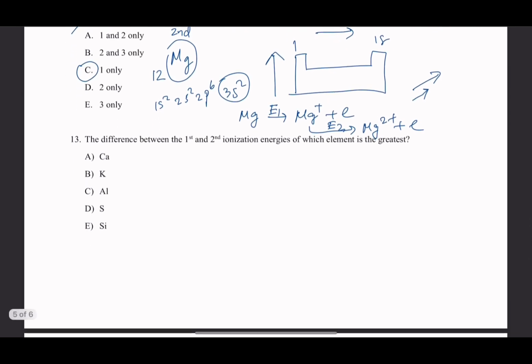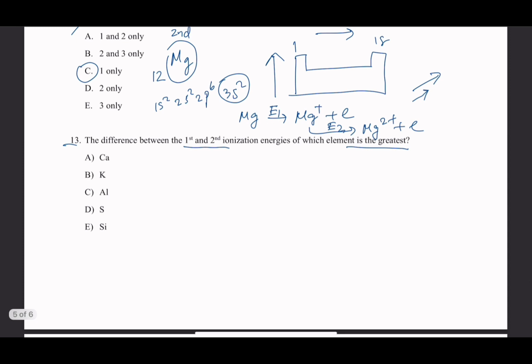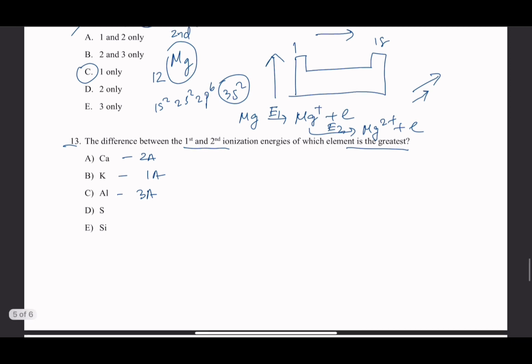In here it's telling us for question 13, the difference between first and second ionization energy, of which element is the greatest? The only thing you need to do here is find the group numbers. This is 2A, this is 1A, this is 3A, and these guys are sulfur and silicon.